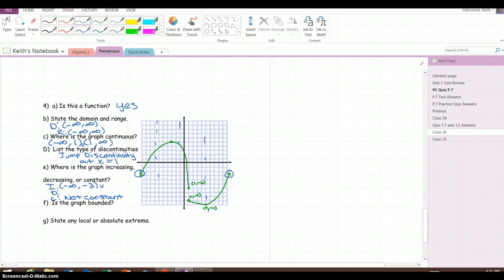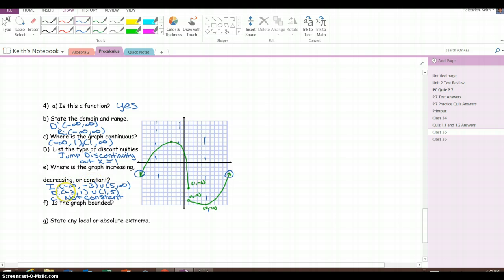Then it decreases until you get to x equals 1. And then at x equals 1, it's still decreasing until you get to 5. And then from 5 on, it increases again.